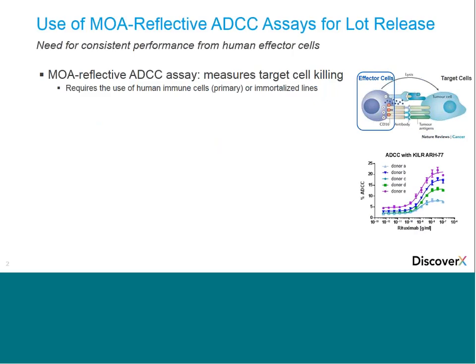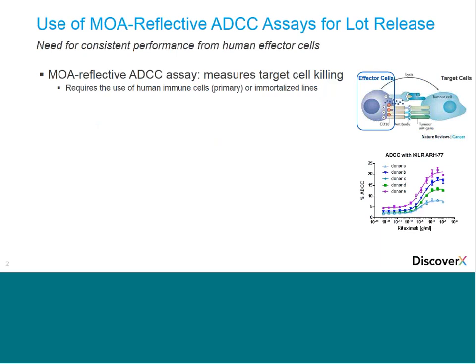Now, as many of you know, therapeutic antibodies achieve their clinical efficacy not only through engaging the target antigen on tumor cells, but also through engaging Fc gamma receptors on effector cells or immune-derived effector cells.